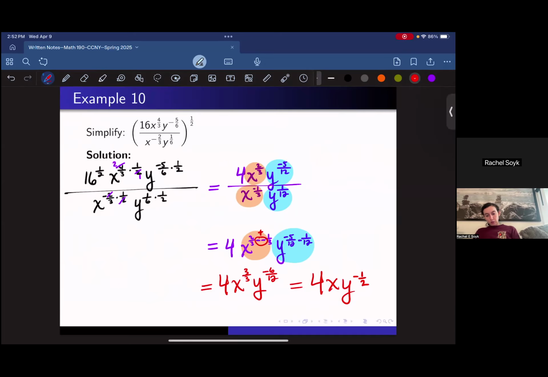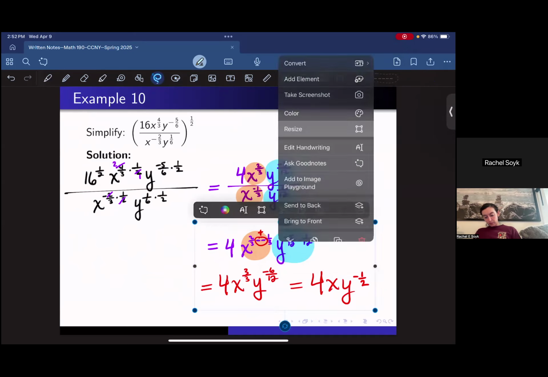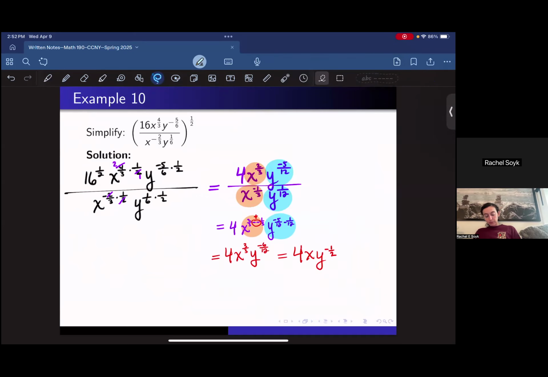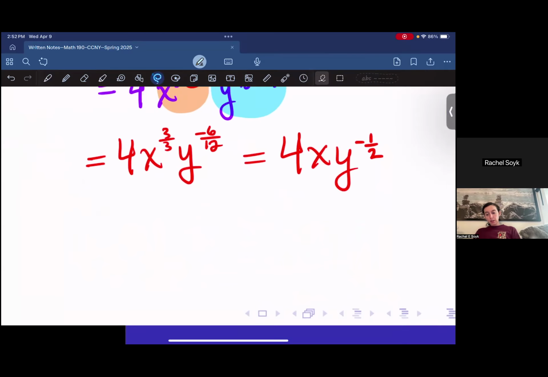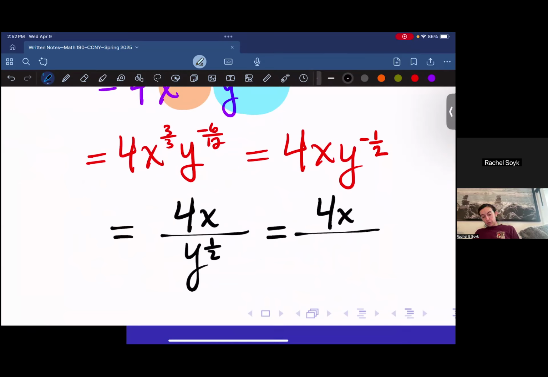So let me just shrink this a little bit so we have a little bit more space. So our final result, 4x in the numerator, all over y to the 1/2 in the denominator, or in radical expression form, 4x over square root of y.